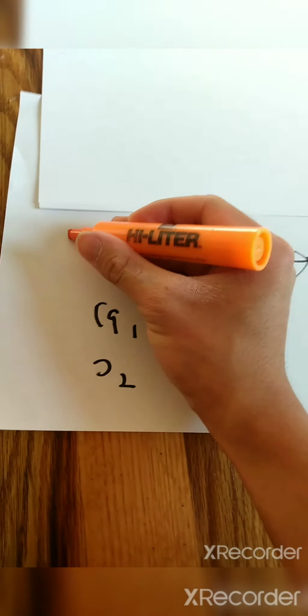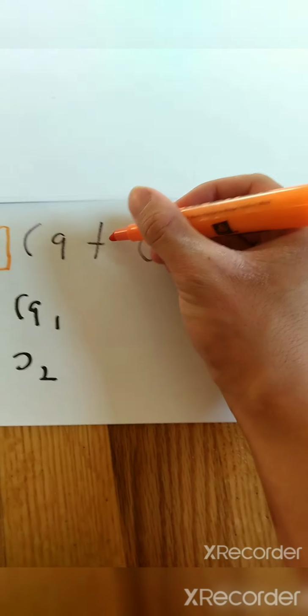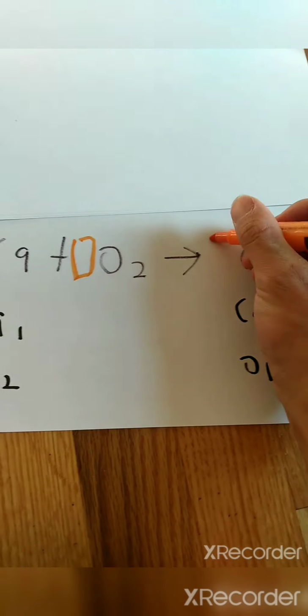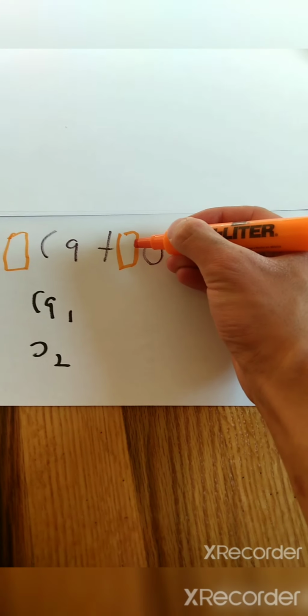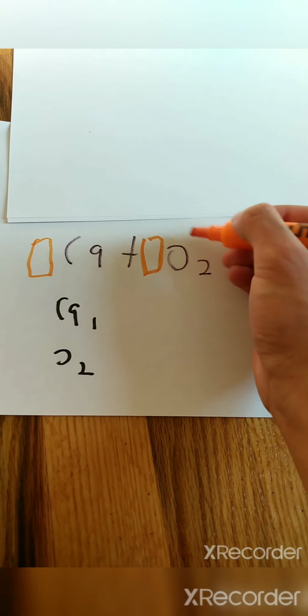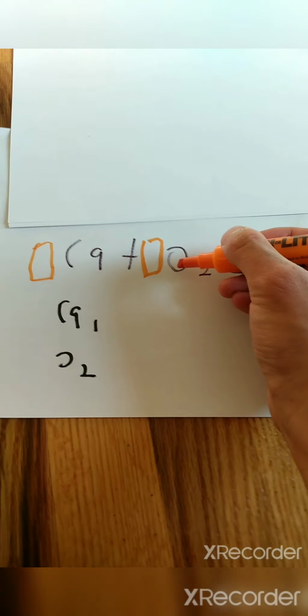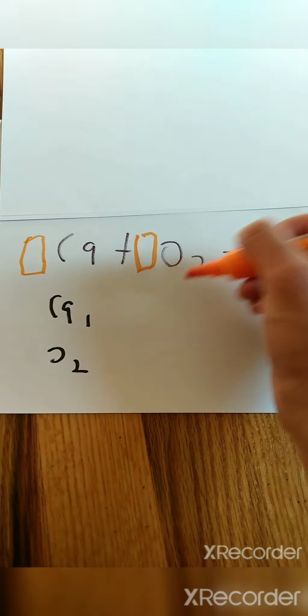So there is one way that we can balance the formula. We can add coefficients right here, so we are able to change the number of atoms that the element has. Like if we add a 4 right here, that would be 4 multiplied by 2, and our oxygen would have 8 atoms.